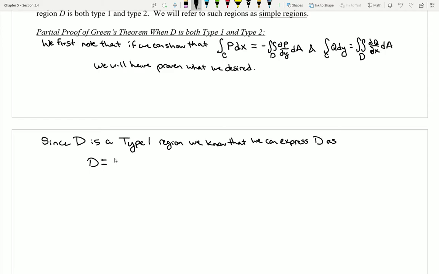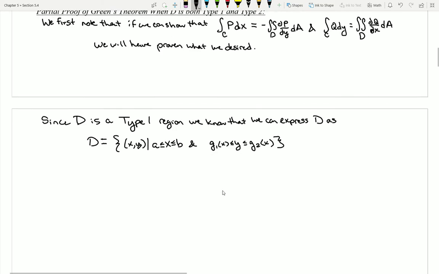D is going to be equal to the set of all possible x, y's, where my x values are just bounded between some numbers, and my y values are going to be bounded between two functions. I'm going to call those g1 and g2.